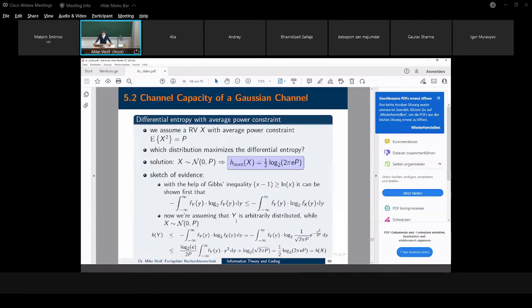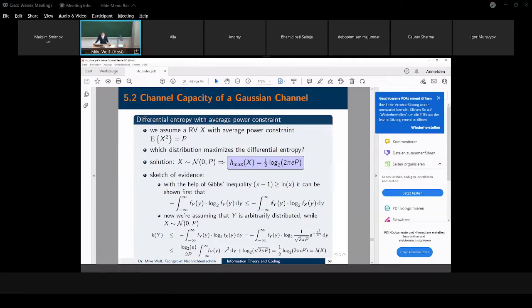I just show you one further thing. If you want to prove the fact that the Gaussian distribution achieves the highest differential entropy for a given average power, you can start with this inequality, which is Gibbs inequality, this equation here. You just say, I believe that this inequality is true.